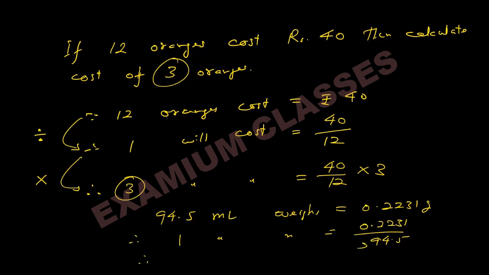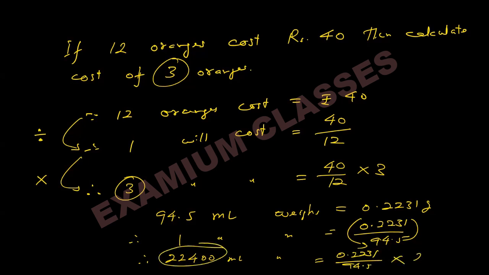And whatever you have to calculate, you have to calculate for 22,400 milliliter. Then you will multiply 0.2231 divided by 94.5 by this 22,400. Here it will be division, and here it will be multiplication. These are the steps of the unitary method, nothing else, nothing fancy.